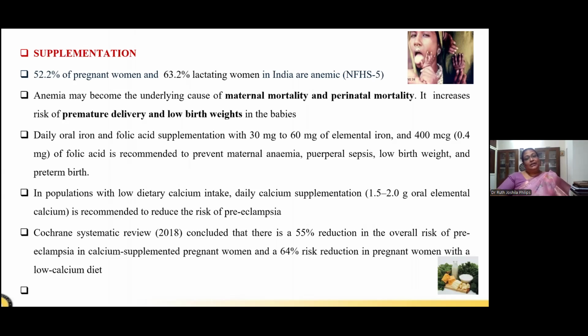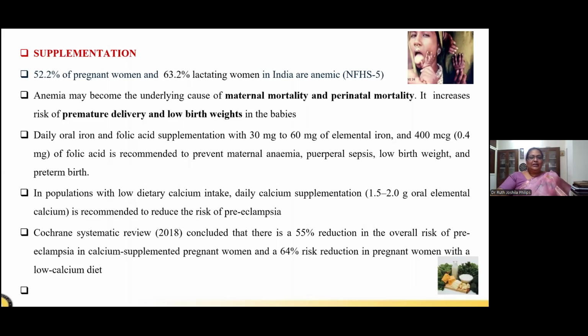But when calcium is deficient in the body, the risk of having PIH increases drastically. A Cochrane systematic review has concluded that there is an increase of 55 to 64% of risk in pregnant women when there is calcium deficiency.